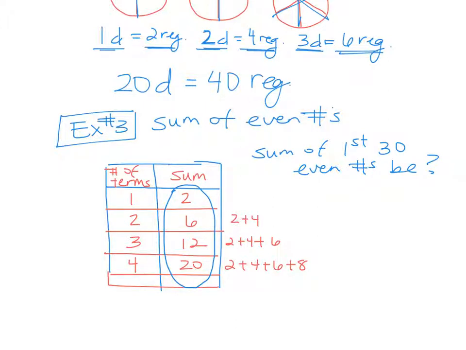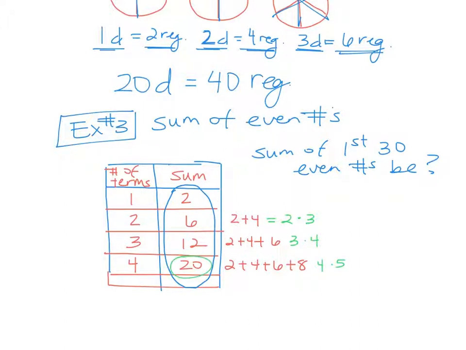For this first one, 2 is a little harder to see it with because you're not comparing so much. But when you compare these, 6 is like saying 2 terms times the number of terms more than that, 2 times 3. 12 is like saying 3 terms times 1 more than that, 4 terms. 20 is like saying 4 times 5.